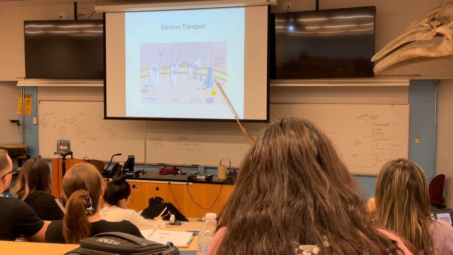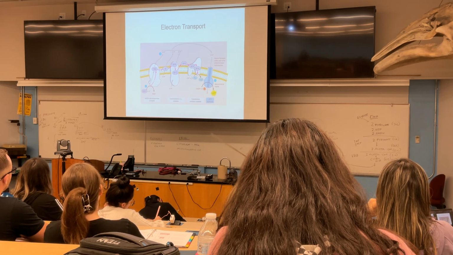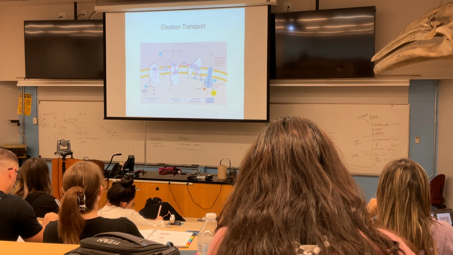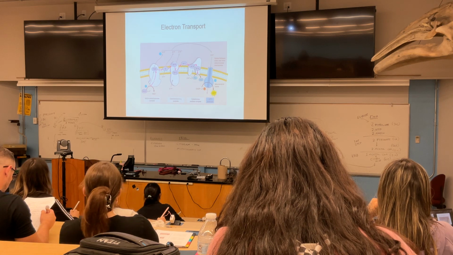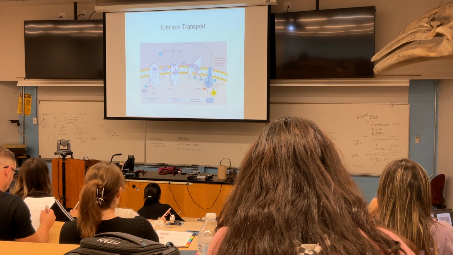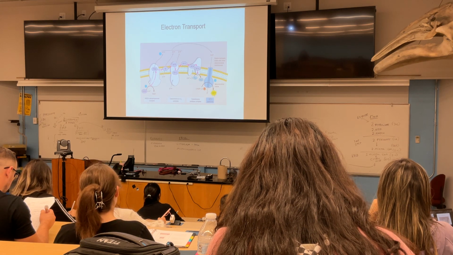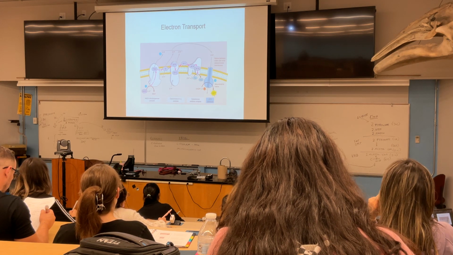As they fall through, they're generating wave after wave after wave of energy. And this enzyme, this protein channel that's sitting there, it actually starts to spin like a turbine, like a water wheel. If I push water over a wheel, it starts to spin, and that's what it starts to do too. And as it spins faster and faster, as these hydrogens keep falling through, it's generating energy waves.